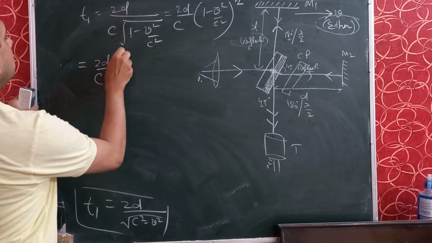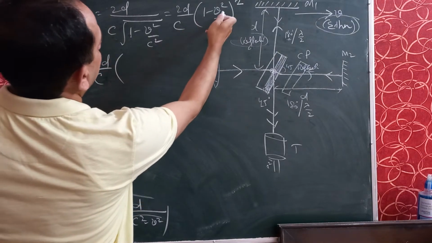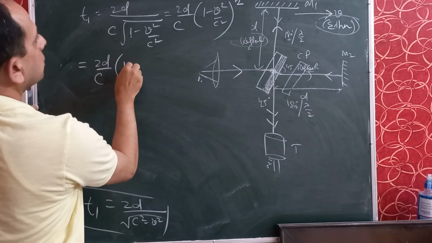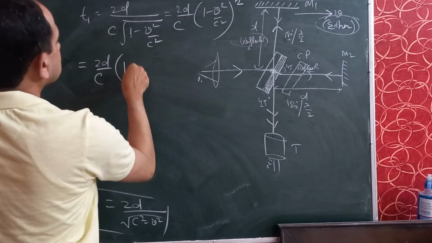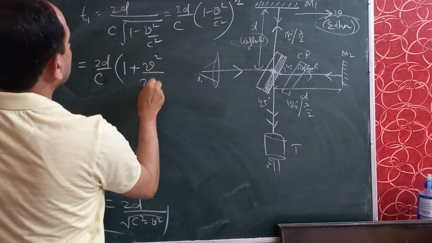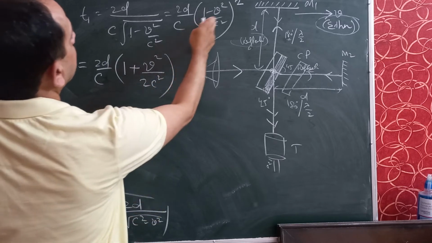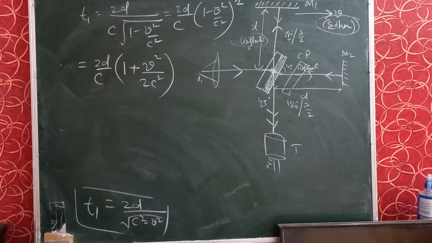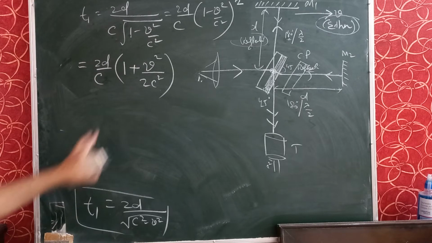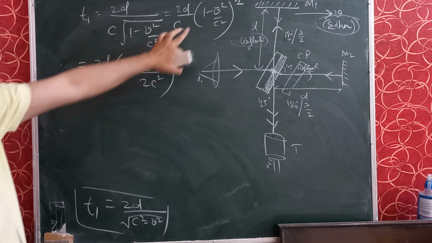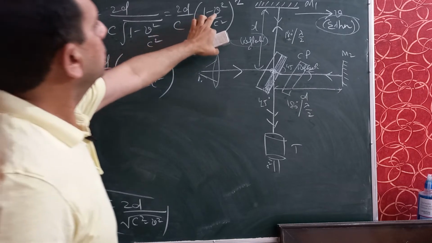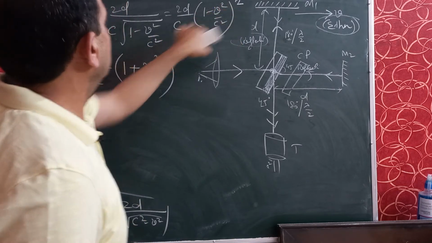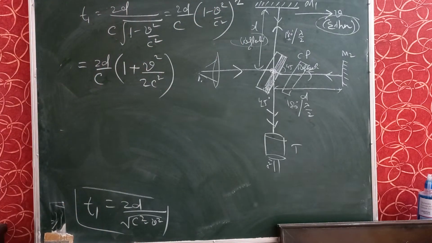2d by c into 1 minus x raised to power n, that is 1 plus nx, which gives plus v square upon 2c square. Higher powers can be neglected because the first term is 1 and the second term is very, very much less than 1. So we will take only two terms, the first one and this one, that is v square by 2c square.